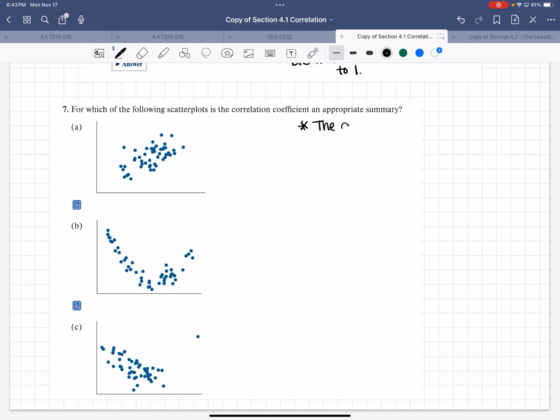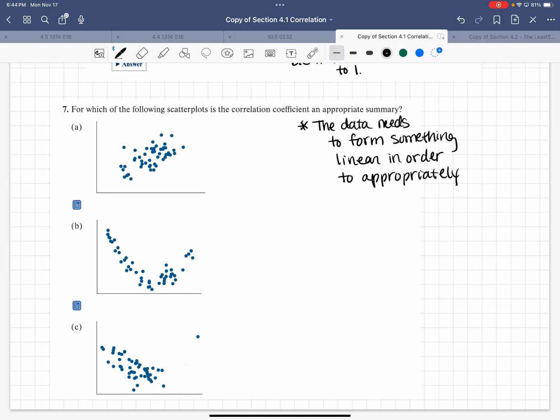The data needs to form something linear in order to appropriately use the correlation coefficient.